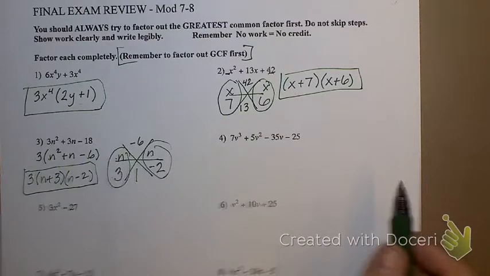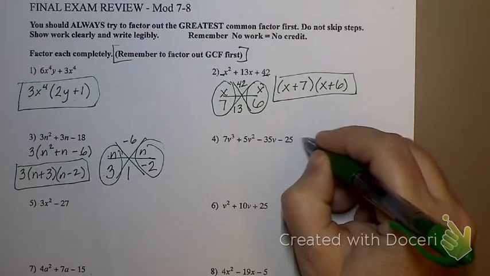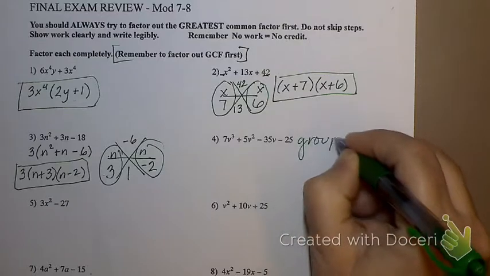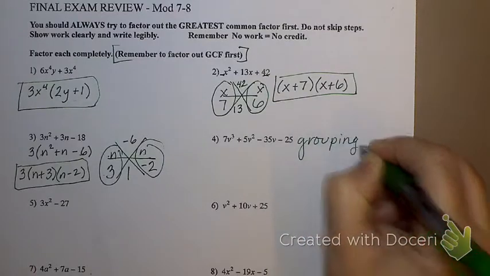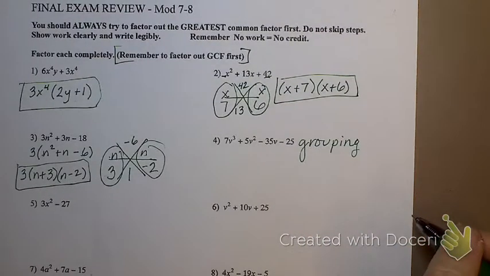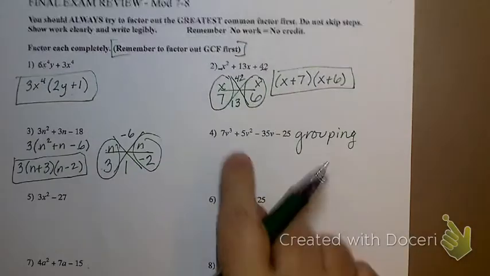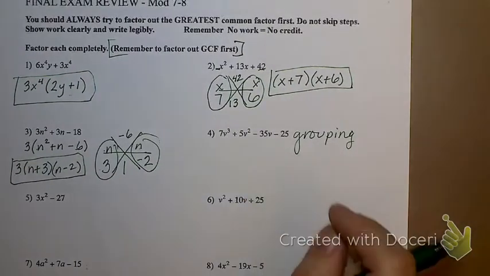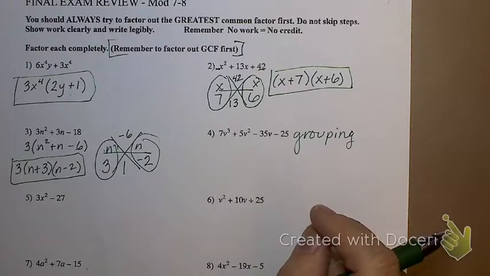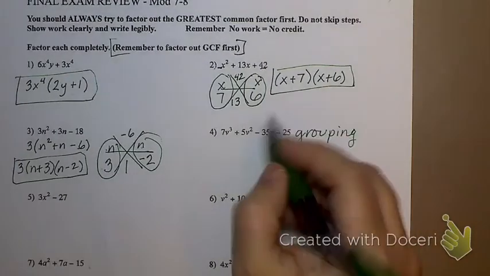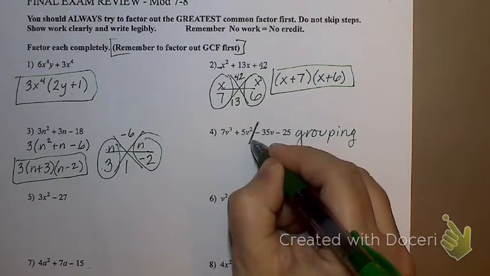So, this is what we like to call grouping. So, first thing I do is I still check to see, is there anything that all four terms have in common? Is there? No. So if there's nothing I can have all four terms in common, I cut it in half.